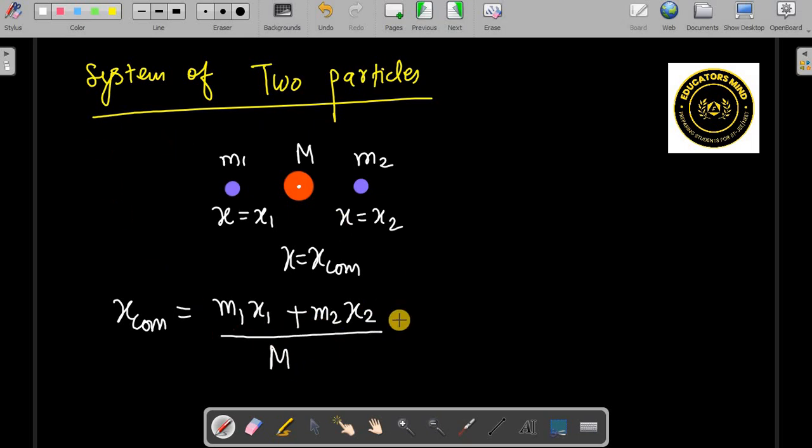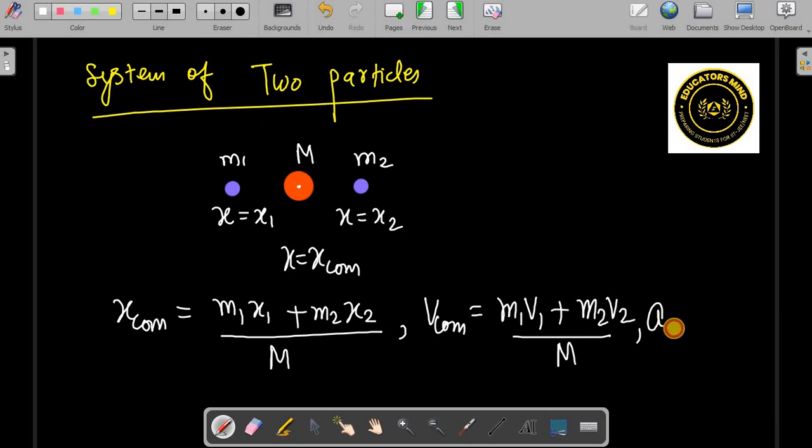Same way, velocity of center of mass can be calculated as m1 v1 plus m2 v2 divided by total mass. Similarly, acceleration of center of mass can be calculated as m1 a1 plus m2 a2 divided by total mass. Remember, here the accelerations, velocities, positions all are one dimensional.